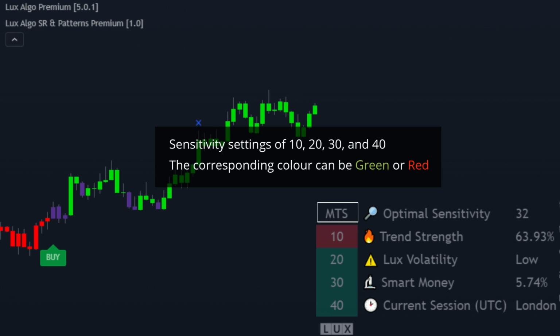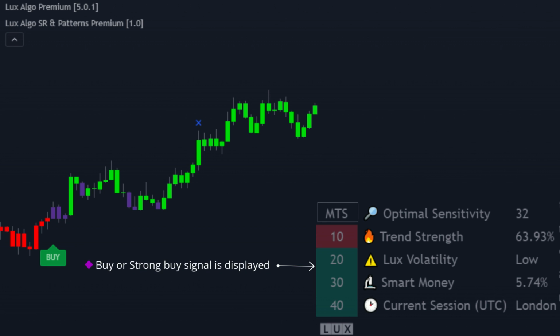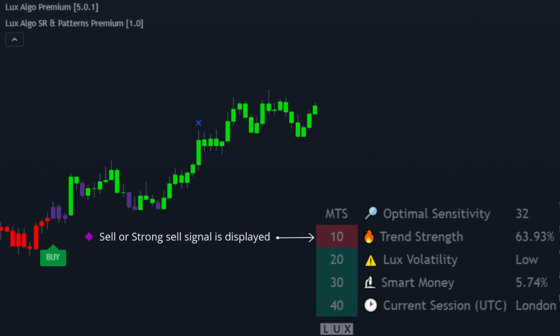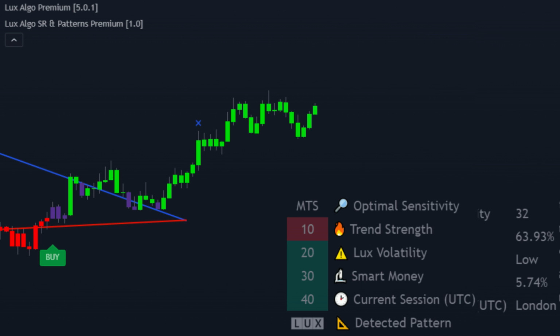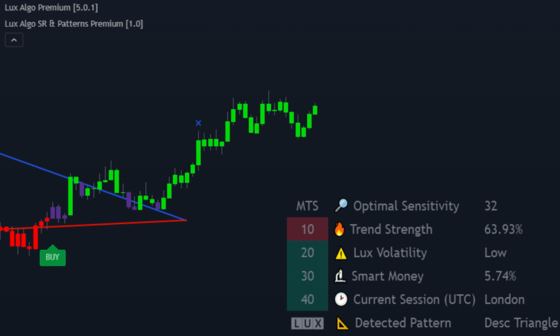The corresponding colour can be green or red and shows green if a buy or strong buy signal is displayed, or a red colour for a sell or strong sell signal. If you enable pattern detection, as discussed earlier in the video, the pattern detection dashboard can also be displayed neatly underneath the Lux dashboard.